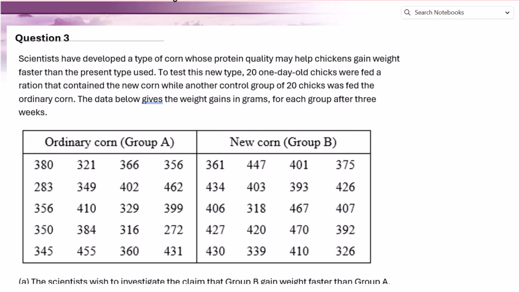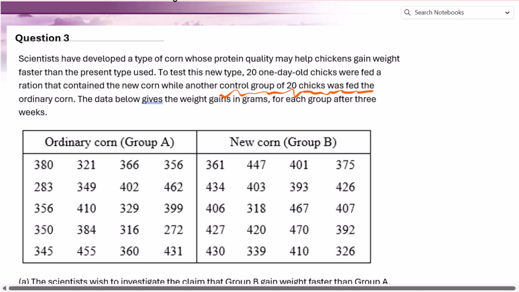To test this new type, 20 one-day-old chicks were fed a ration that contained the new corn, while another control group of 20 chicks was fed the ordinary corn. The data below gives the weight gains in grams for each group after 3 weeks.